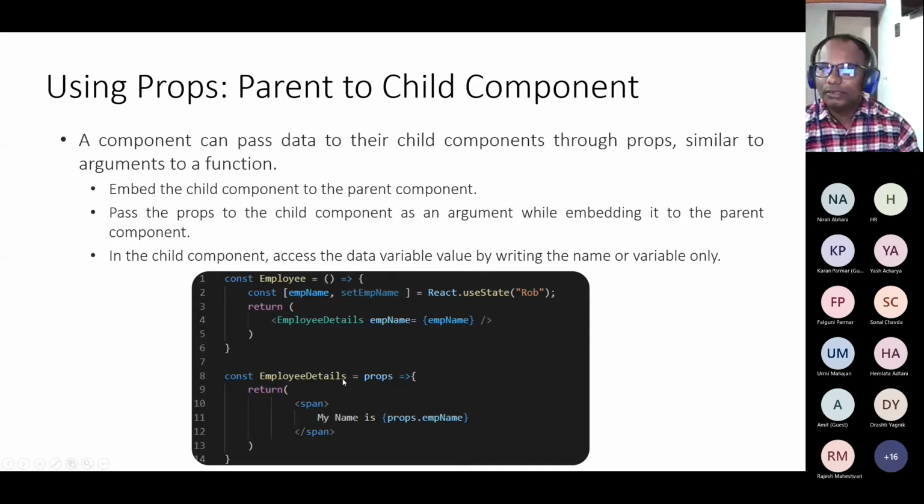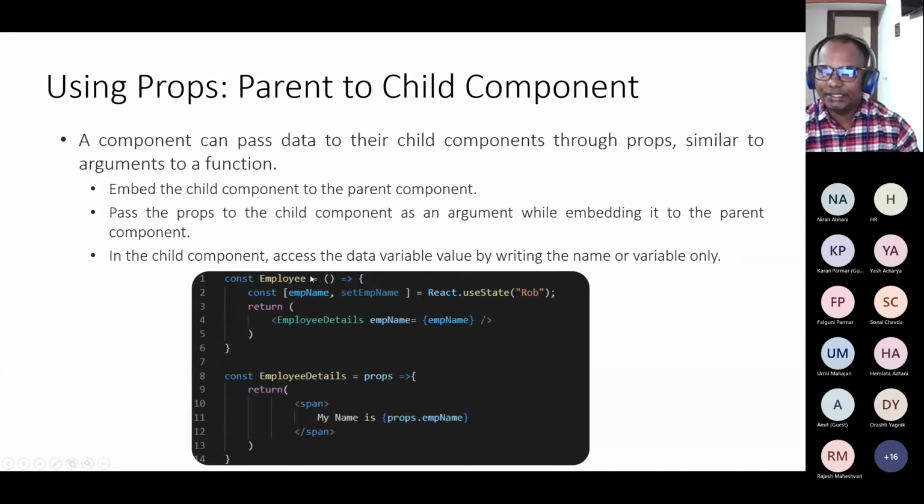In the example, I have kept both components in a single snapshot so it is easier to understand and read. The first component, Employee, is the parent component, and EmployeeDetail is the child component. I am calling the EmployeeDetail component inside the Employee component.